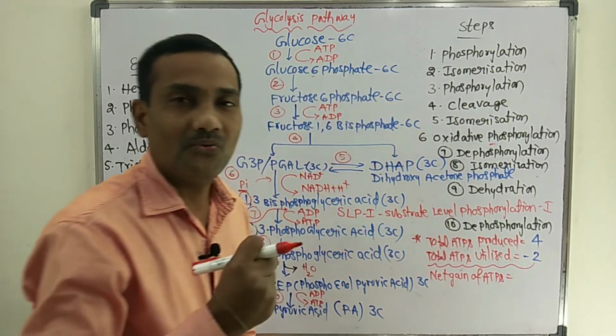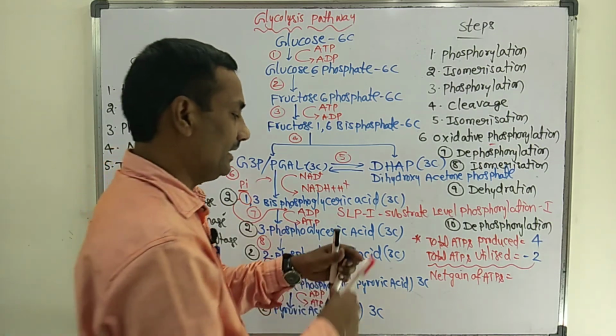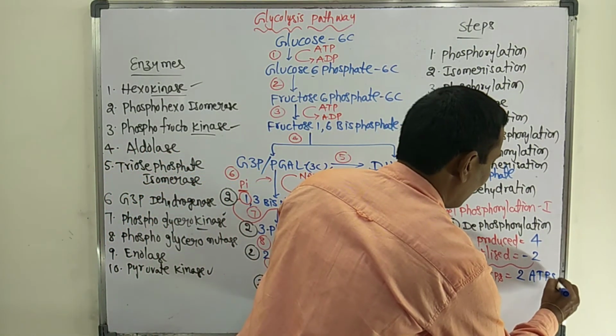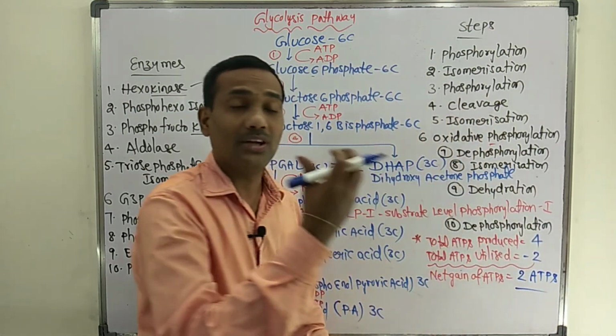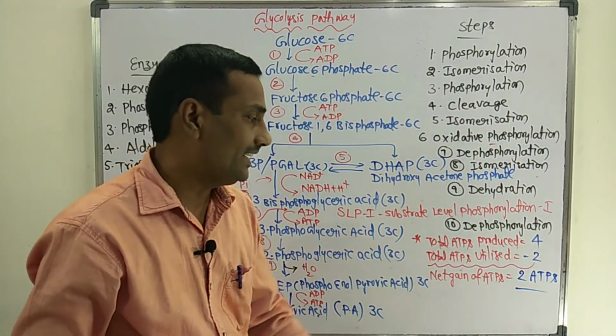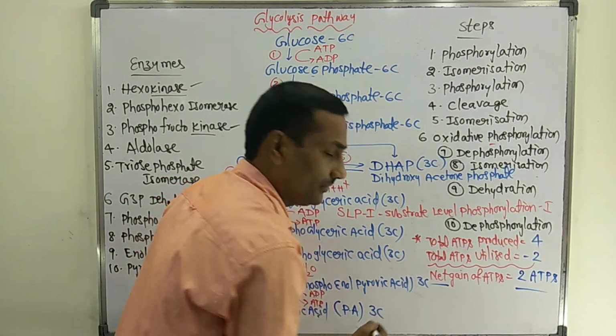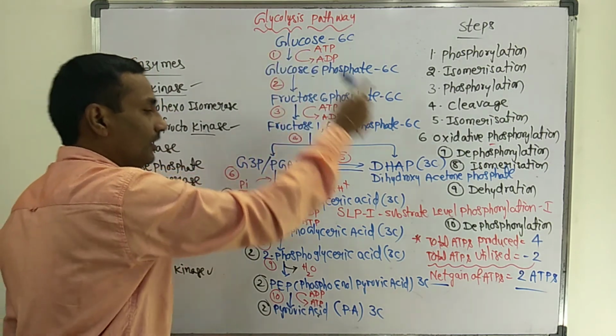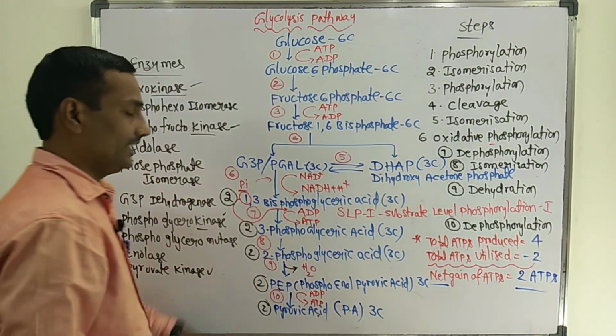Net means final balance. How many ATPs? 2 ATPs only, after subtracting the used ATPs. In the exam, if they ask the net gain of ATPs produced for one glucose molecule, it is 2 ATPs.